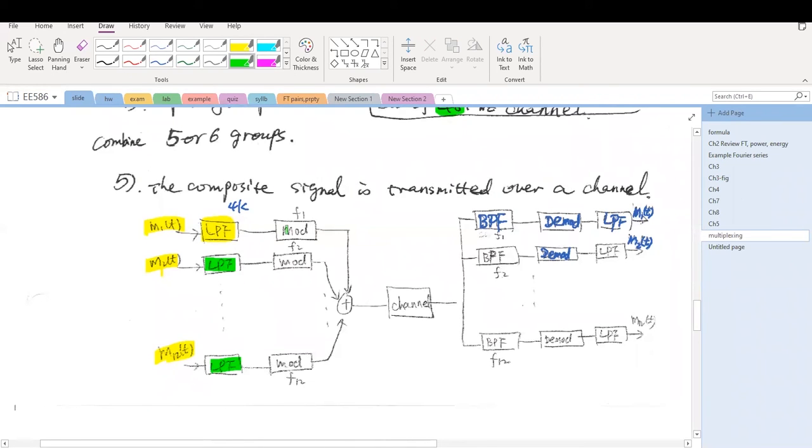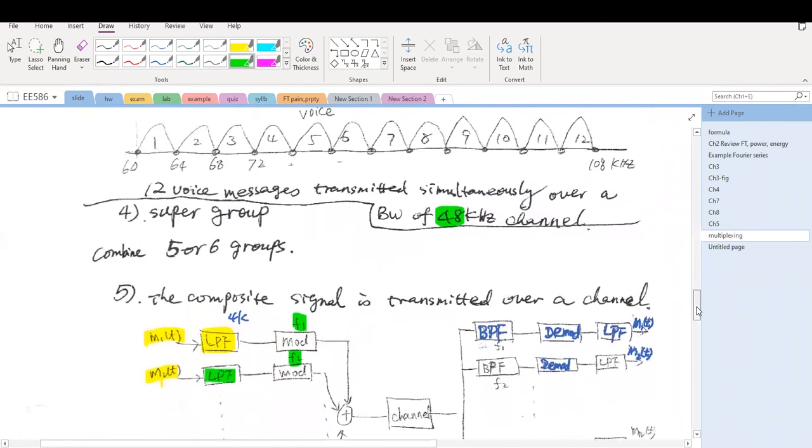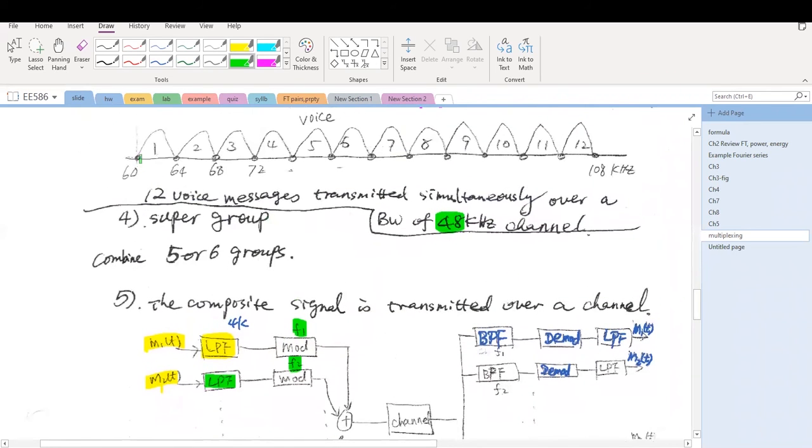Then we do modulation. Whether it is single sideband or double sideband modulation, whichever modulation scheme, it doesn't matter. There is a carrier F1, F2, up to F12. If single sideband modulation is used, this is F1, this is F2, this is F3, each a carrier frequency.